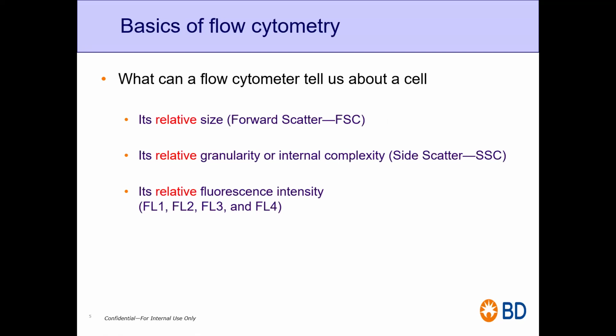Now in your flow cytometer, we have key terms called forward scatter, side scatter, and then fluorescence intensity. What does flow cytometer tell you? It tells you the relative size, the relative granularity, and the relative fluorescence with the help of forward scatter, side scatter, and your fluorescence intensity.